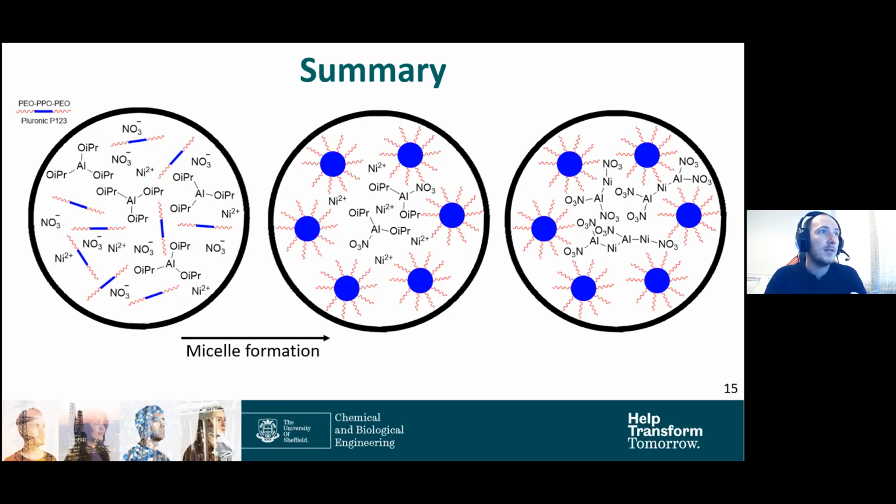And we have evidence for micelle formation, as well as the micelle formation being influenced by things in the reaction mixture and the effective acids. And we have also found evidence for gelation reactions and proposed an alternative reaction pathway, given that we didn't see what was expected for bulk solgel synthesis.